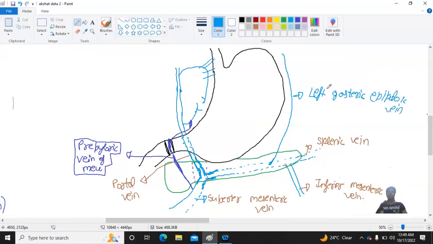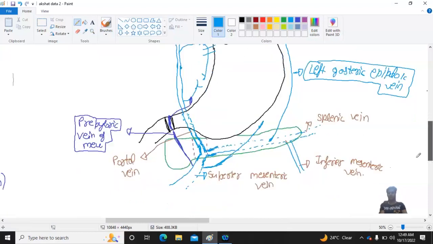And here an important point is that the superior mesenteric vein gives the right gastroepiploic vein, which drains into the superior mesenteric vein. And then these join the splenic vein and supply the portal vein.